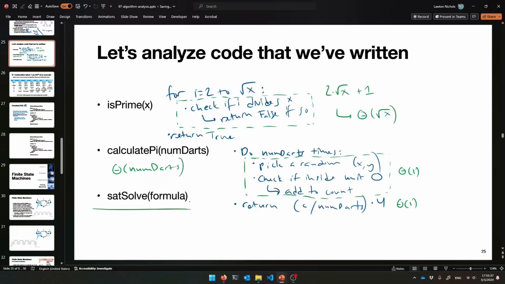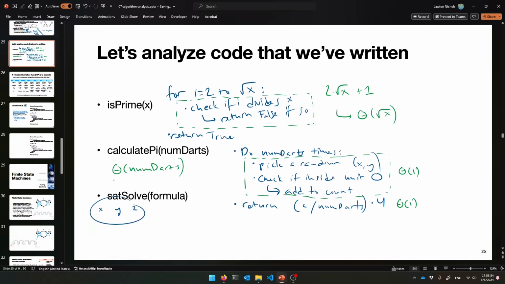And then SAT solve. That was the hardest one we've done so far, computational complexity-wise, at least. So if we SAT solve a formula, we have to try every combination, right, of all the variables in that formula, all right?